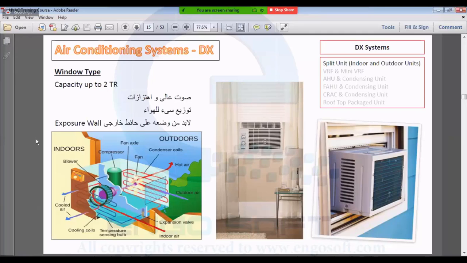It has an evaporator which is inside the space and the condenser mounted directly at the outdoor unit. So they are attached to each other only, nothing else. The indoor unit, which is inside the room, consists of the blower or the fan with the cooling coil. What is the name of this part?